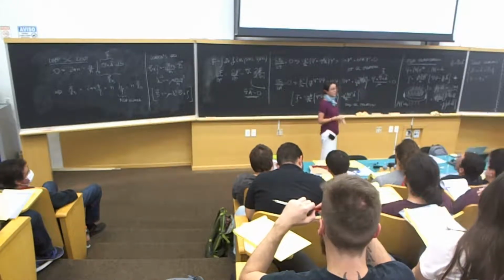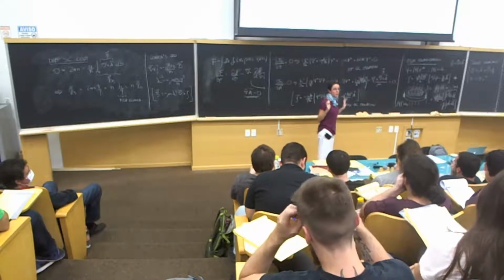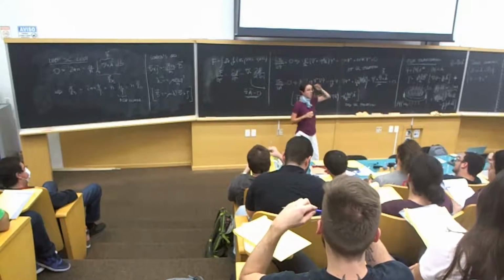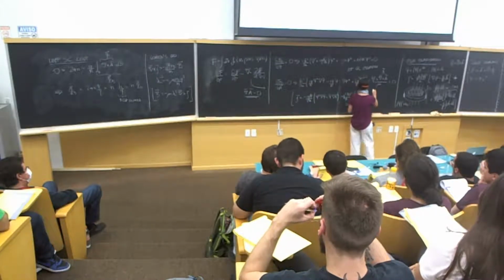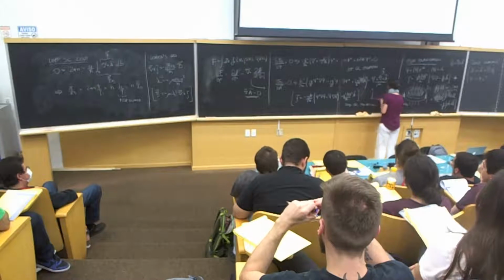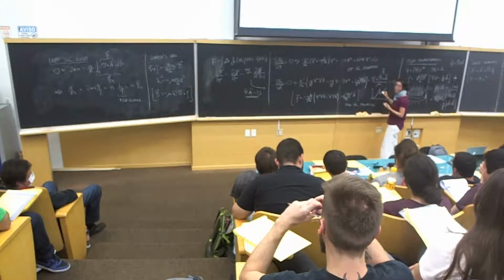So in phase transition without field, we actually see, for example, the transition to seed jump.